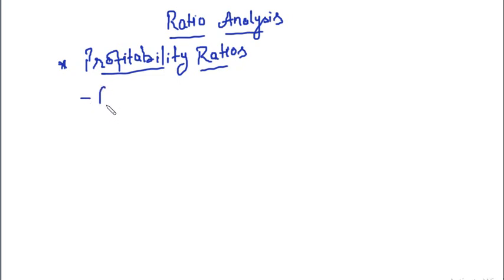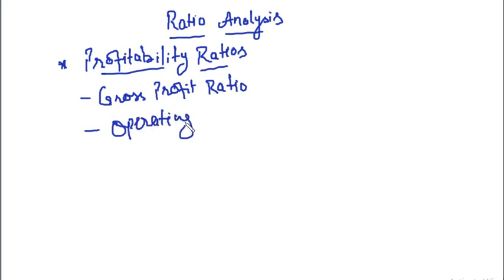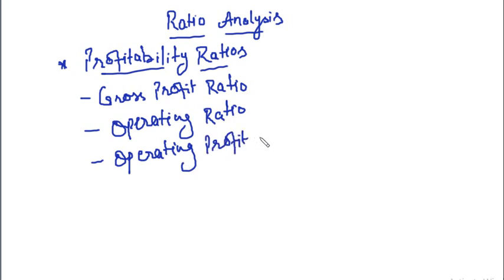We discussed 4 ratios so far. The first was gross profit ratio. Second, operating ratio. Third, operating profit ratio, right? And the fourth one, net profit ratio.